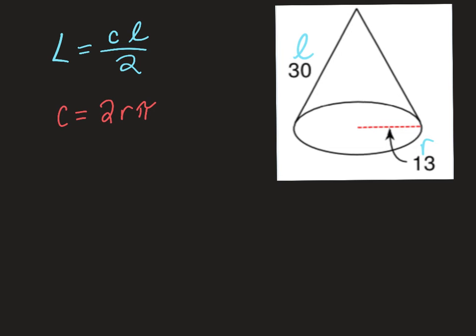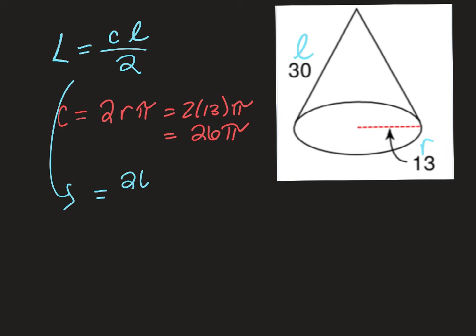It's going to be 2 times 13 times pi. So 26 pi. And so now we can use that to find L. So it's going to equal 26 pi times 30 divided by 2.